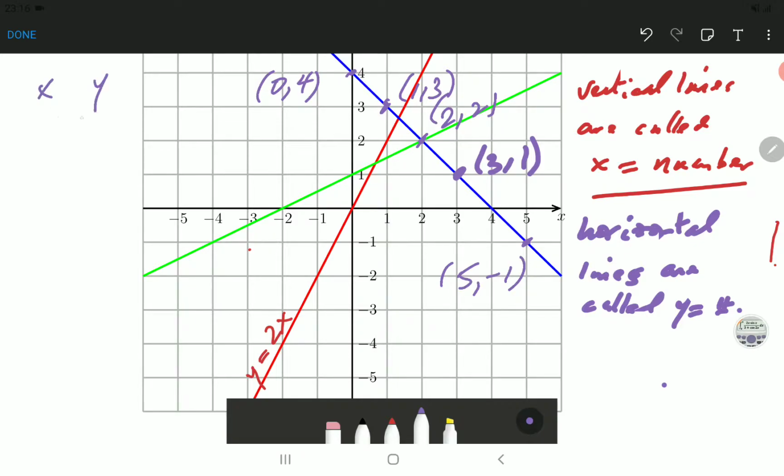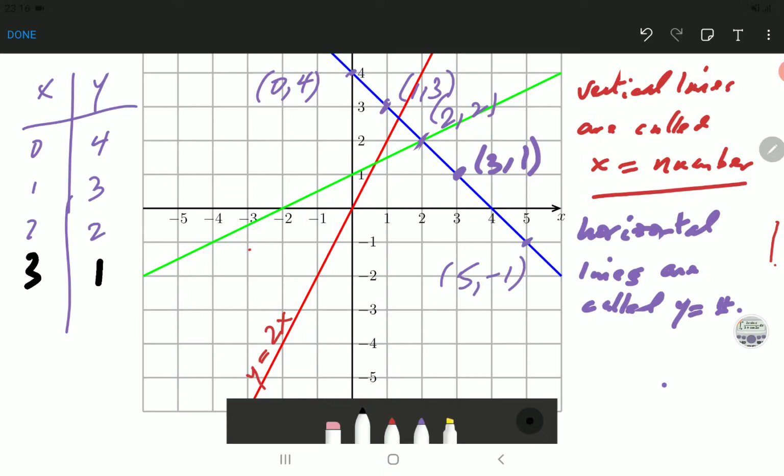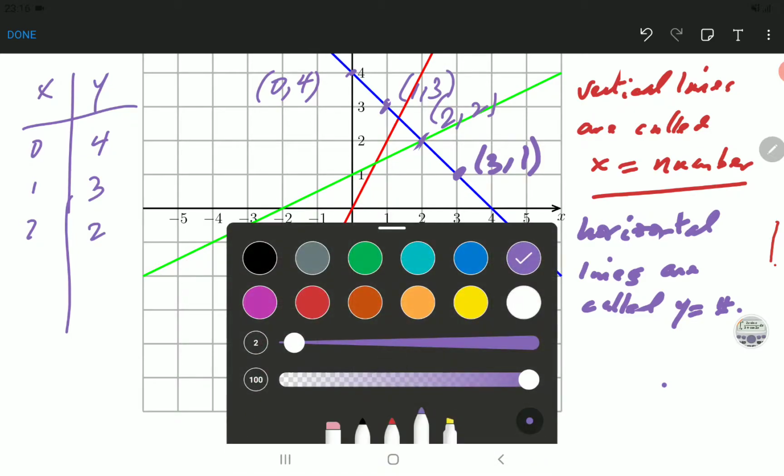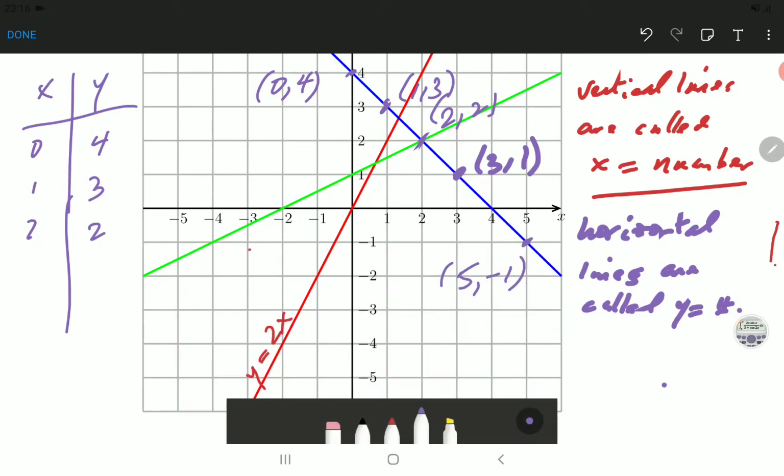Again, I'm going to put them in tabular form this side. So when x is 0, y is 4, x is 1, y is 3, x is 2, y is 2, x is 3, y is 1, x is 5, y is negative 1.